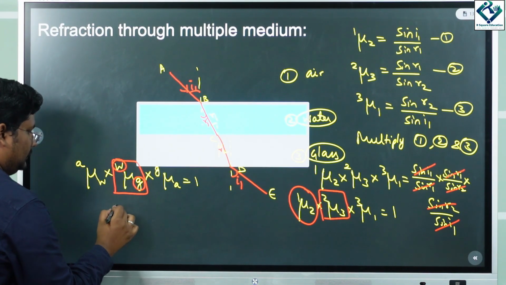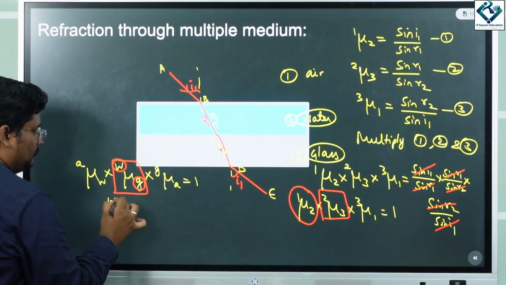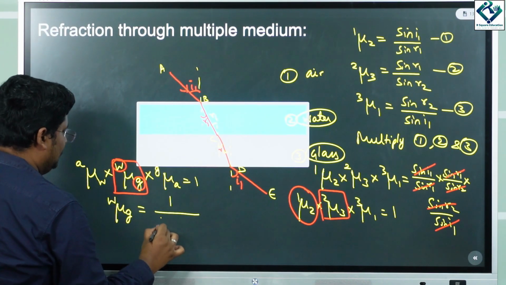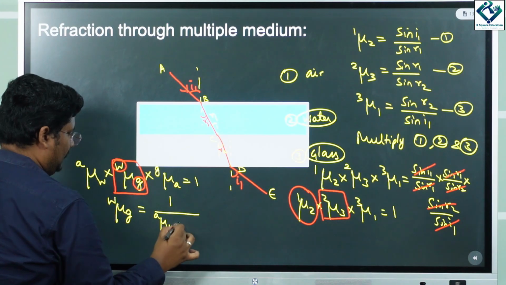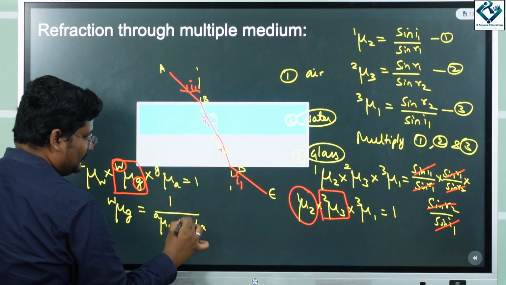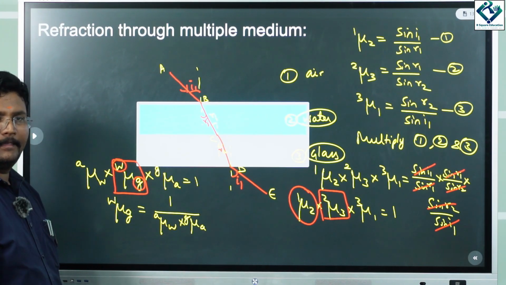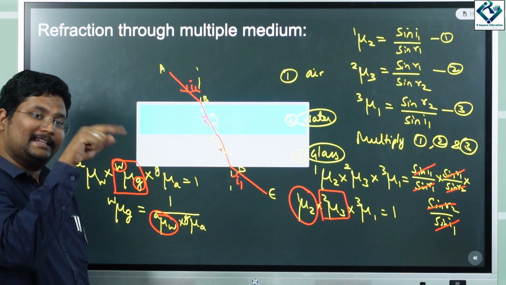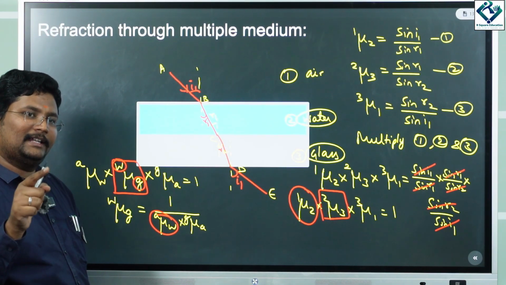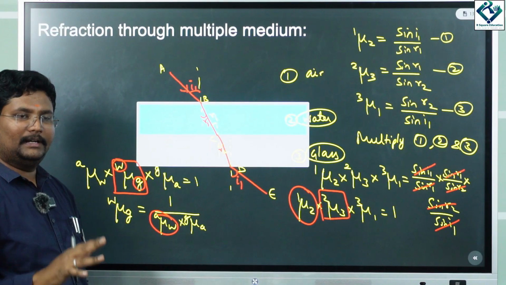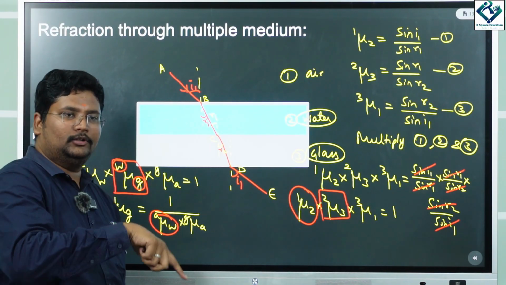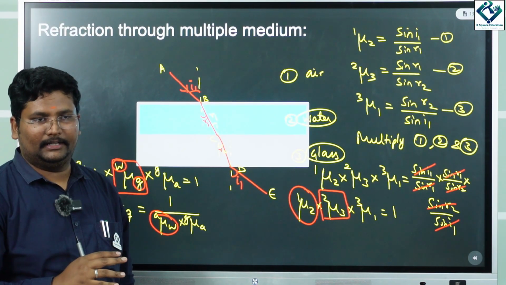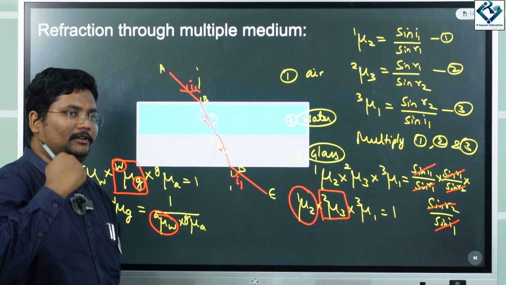What I can do? Refractive index of glass with respect to water can be done like 1 by refractive index of water with respect to air into refractive index of air with respect to glass. You will know only this because reference value should be standard value. Refractive index of water with respect to air can be easily found, but refractive index of air with respect to glass will be a difficult task. For that only we have reversibility formula.